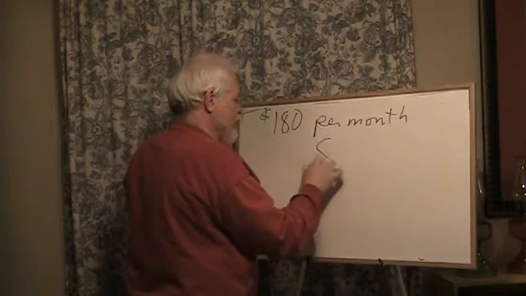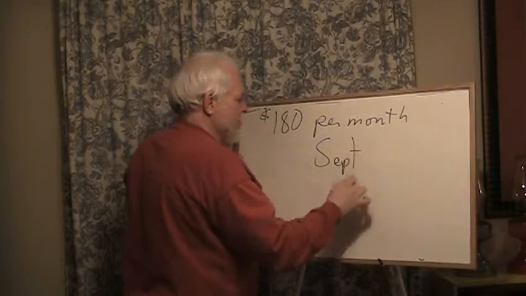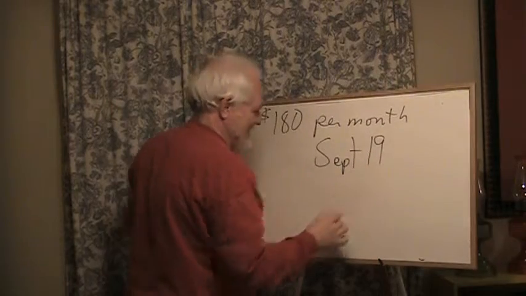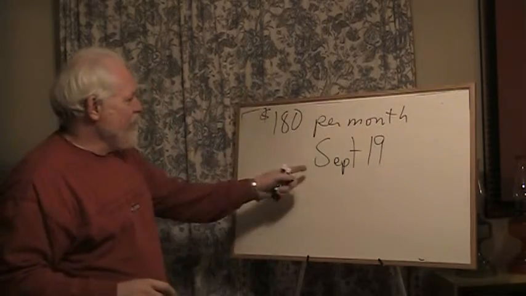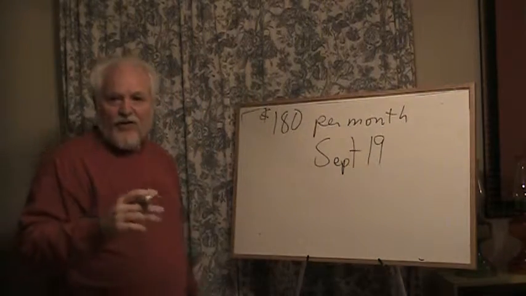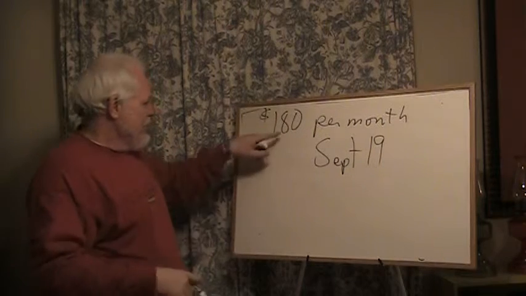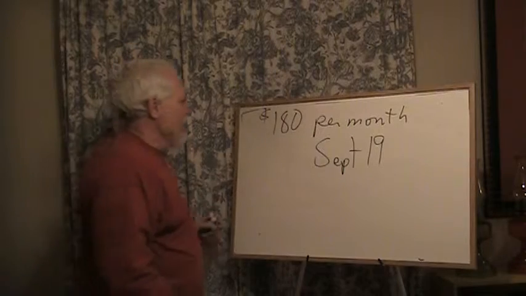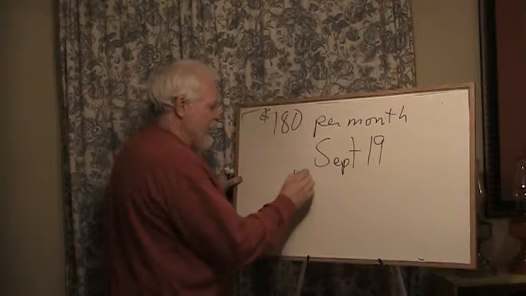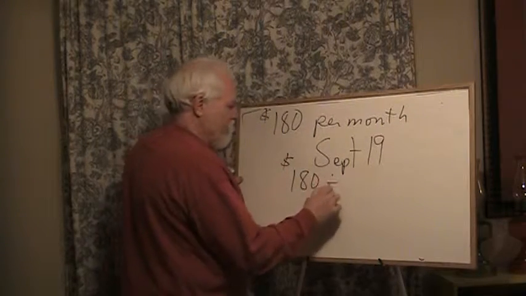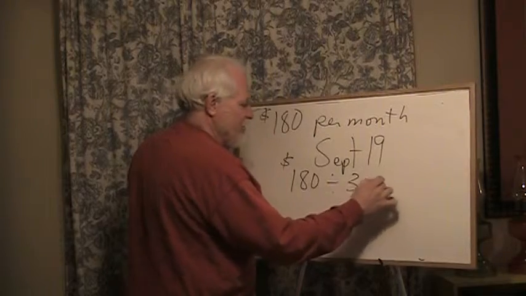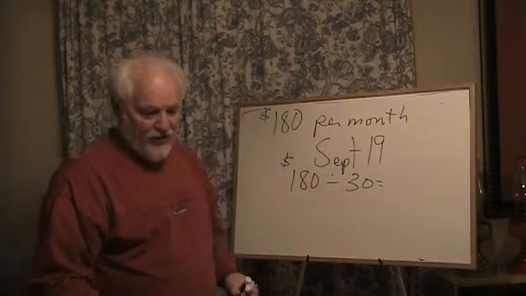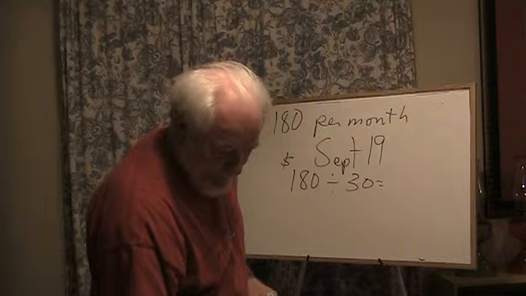And let's say we're going to have a closing on September the 19th. Well, on the first of the month, Mr. Seller paid the HOA dues for the month. Is that right? So we're going to take the $180. We're going to divide it by the 30 days in September, and we're going to ascertain what it is per day.